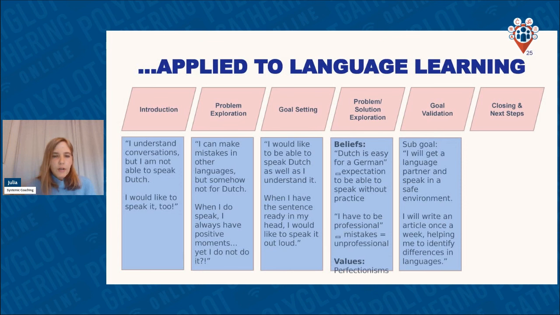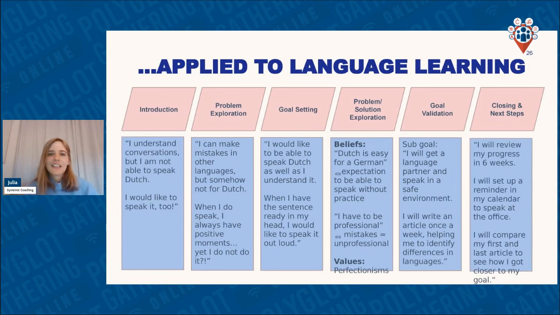Like a short diary entry, or about a topic, or what I experienced during the week, even about work. That helped me to identify differences in the languages, because in my head, Dutch is easy for a German. They were still almost like one language. And I needed to have a separate experience with Dutch. So those were my two goals that came out of this.